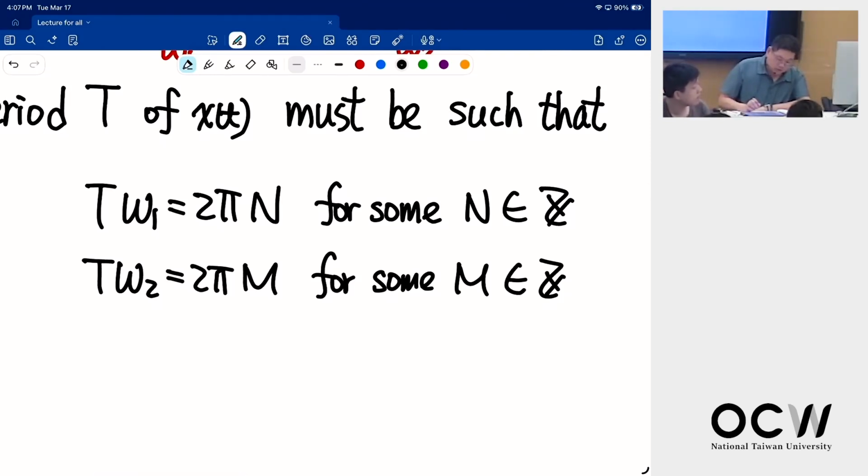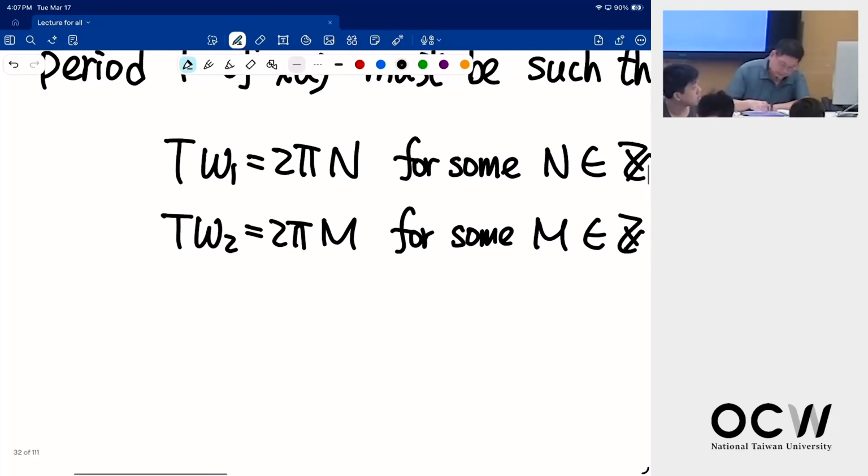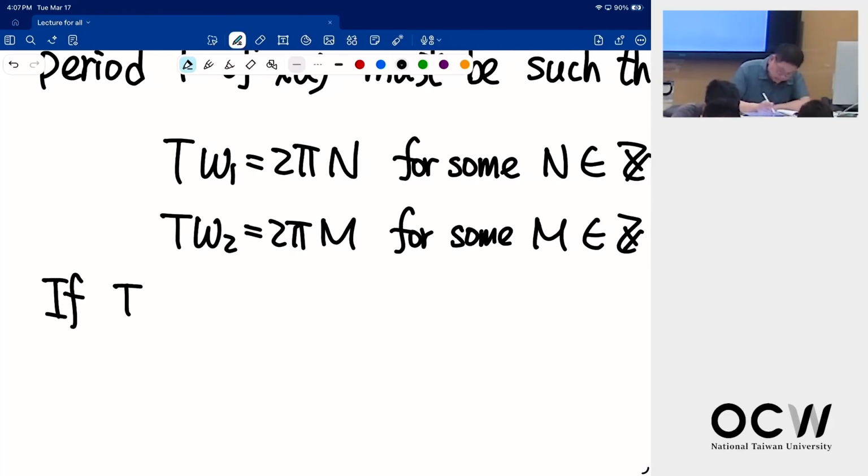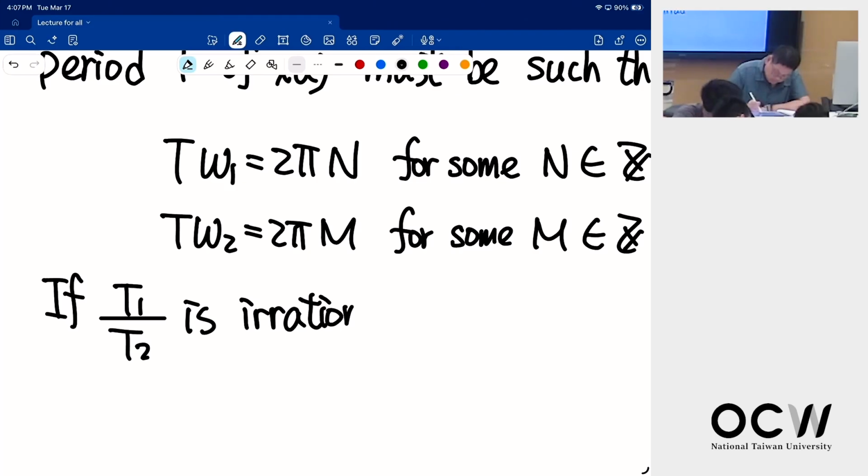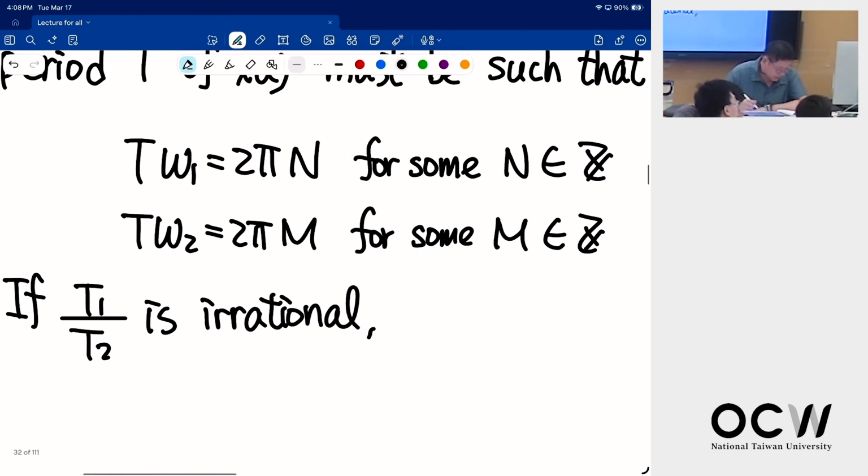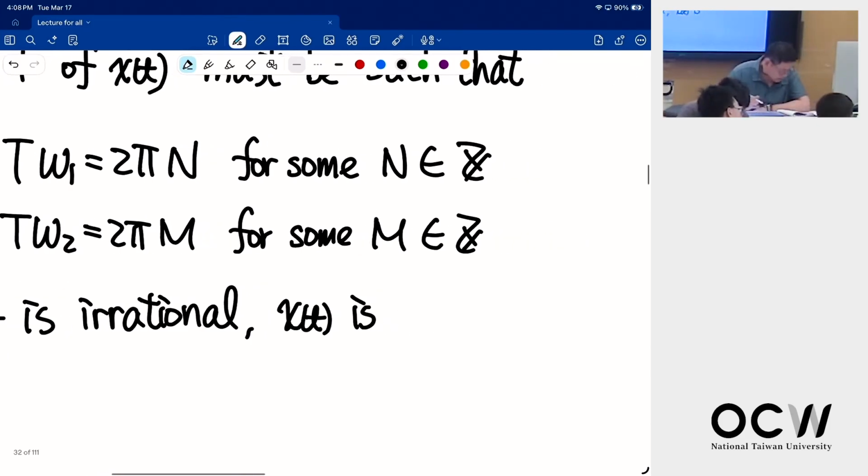So in this case, if T1 divided by T2 is irrational, then x is not periodic. So x is non-periodic.